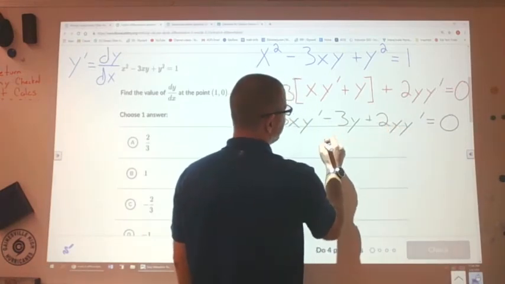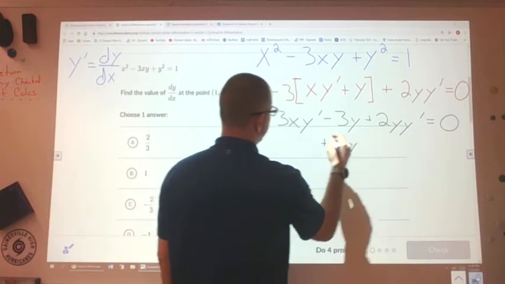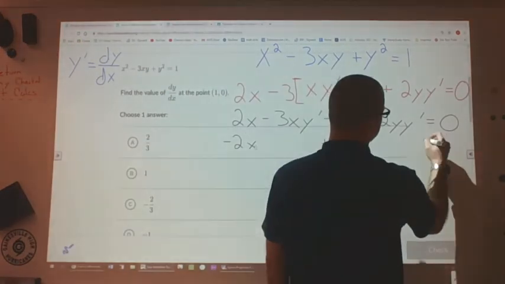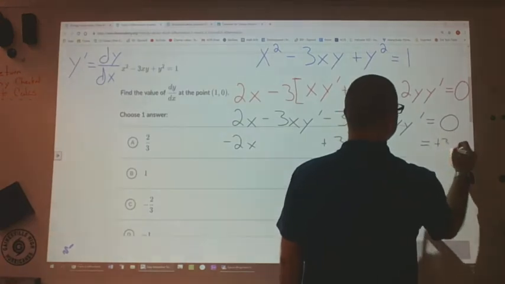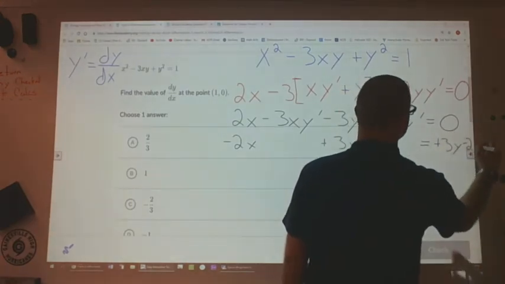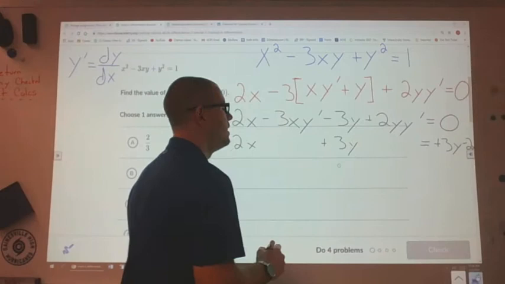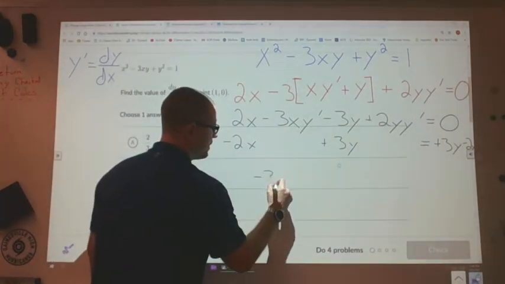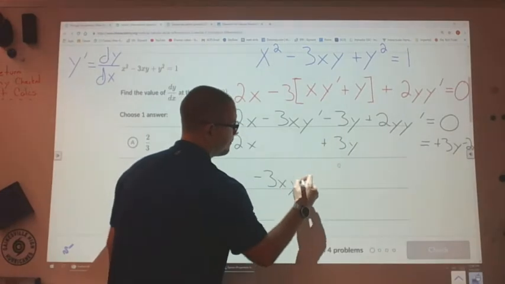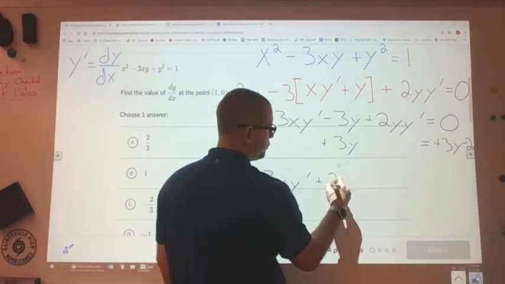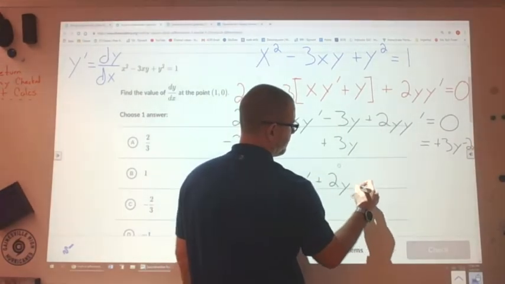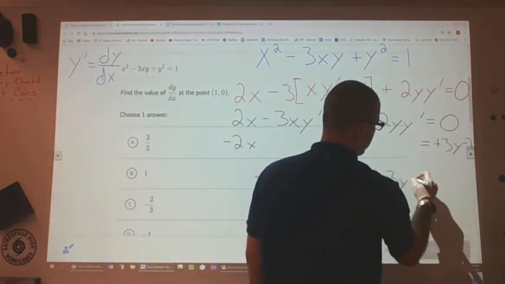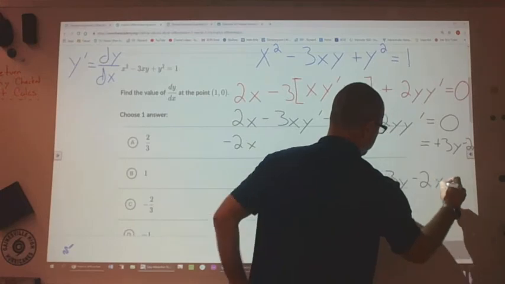So I'm going to add the 3y and subtract the 2x on both sides. So we're going to get the plus 3y minus 2x over there. So that now my equation is negative 3xy prime plus 2y y prime is equal to 3y minus 2x.